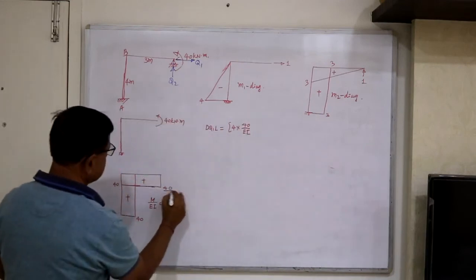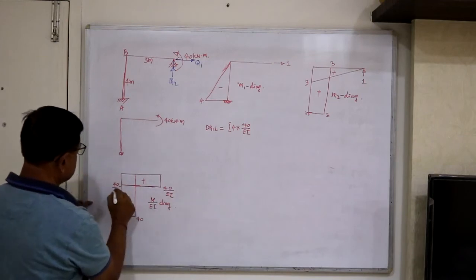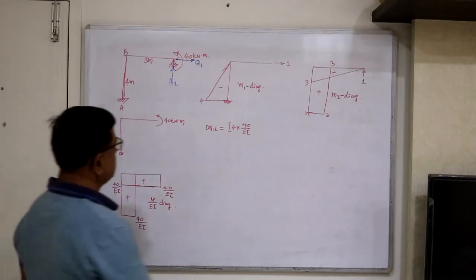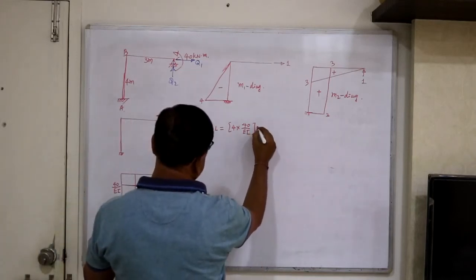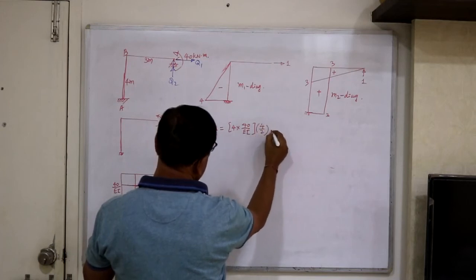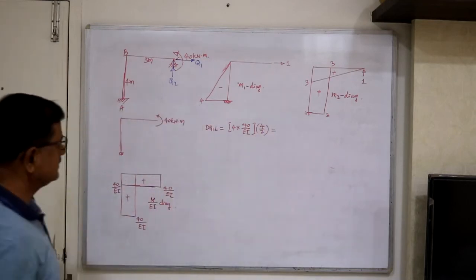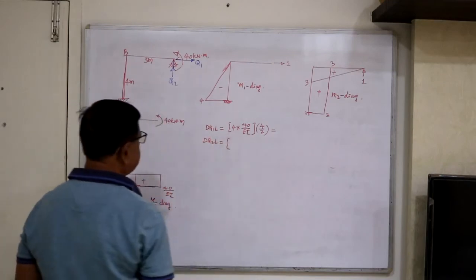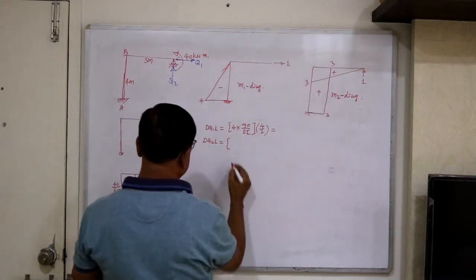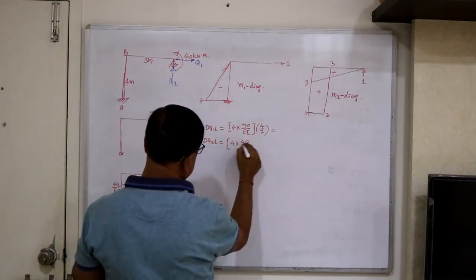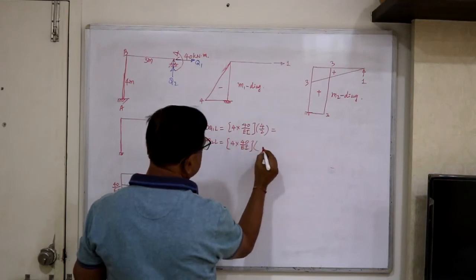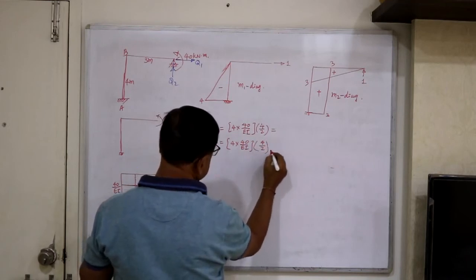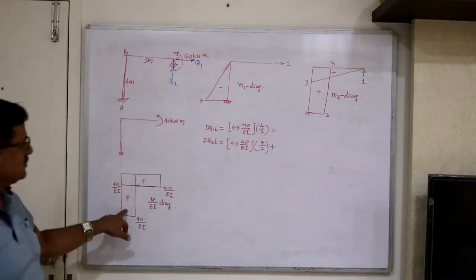We divide by EI in order to get the M upon EI diagram, multiplied by the ordinate here, which is 4 by 2. So you will get delta Q1L. Then delta Q2L equals 4 into 40 upon EI into the height 4, again 4 by 2 because its CG is at half, plus, both are positive.